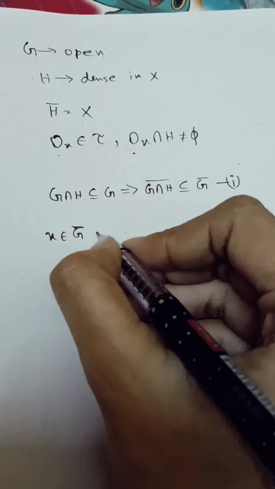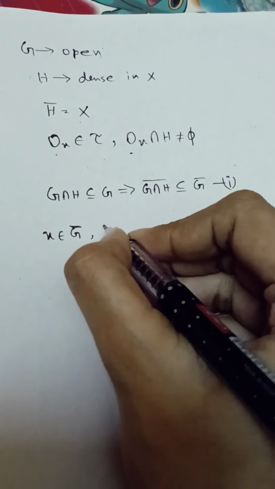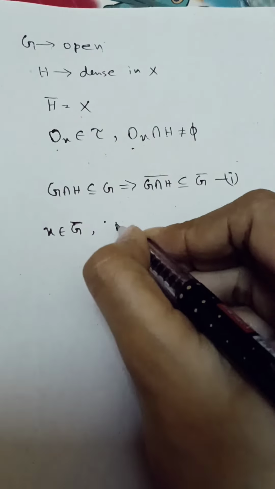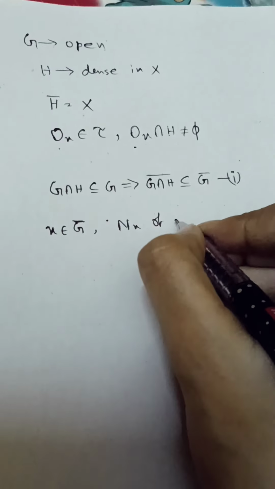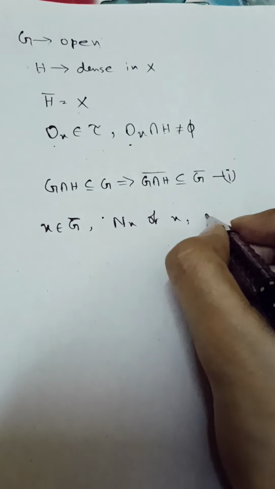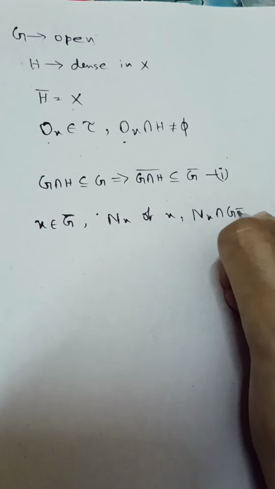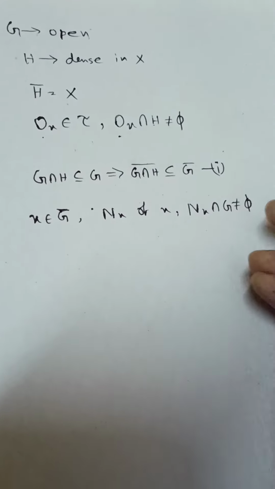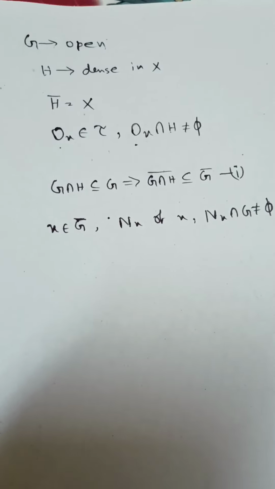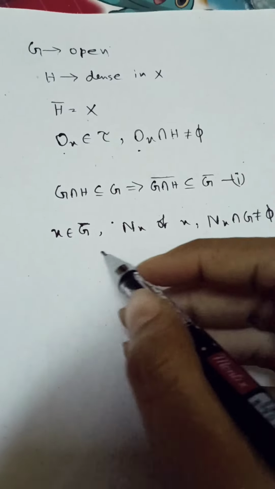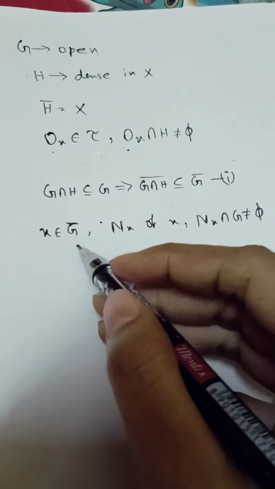Then for any open neighborhood Nx of x, can we say that Nx intersection G is not equal to phi? Why so? Because x belongs to G bar.